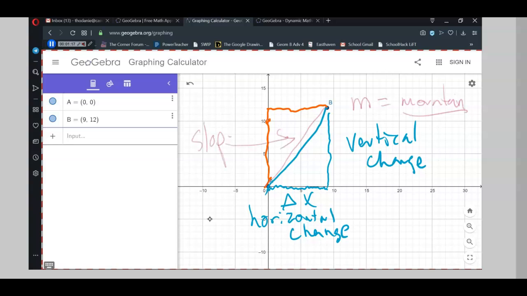So we call this letter M slope. The French call it mountain, or it came from the concept of a mountain. Anyway, that's describing the direction that the line goes in.